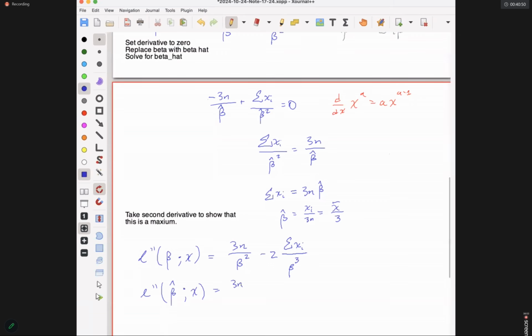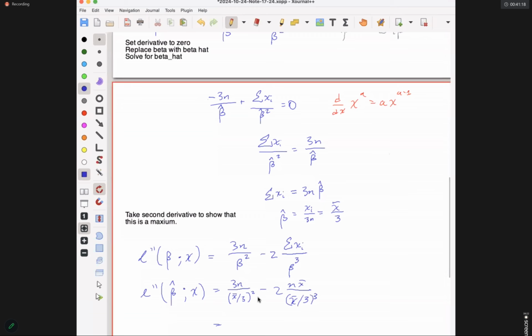So this is 3n over x bar over 3 squared, minus 2 times, I can write the sum of xi's as n x bar, over x bar over 3 cubed.